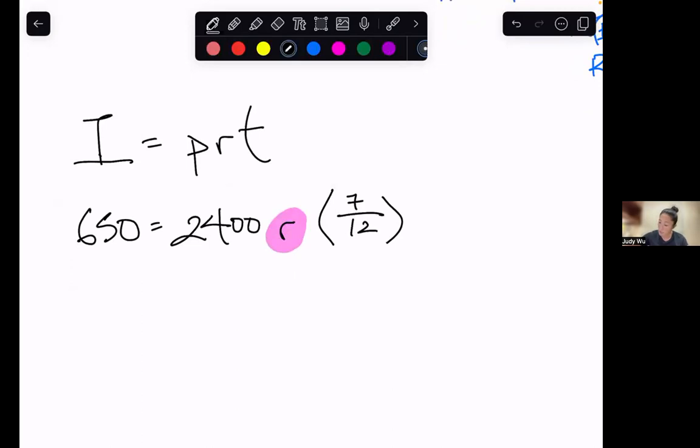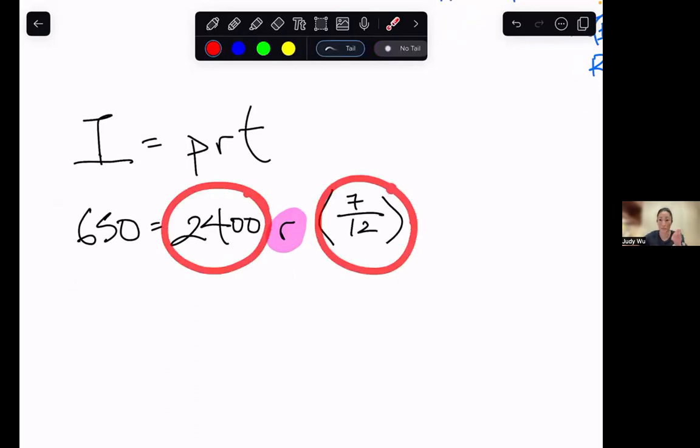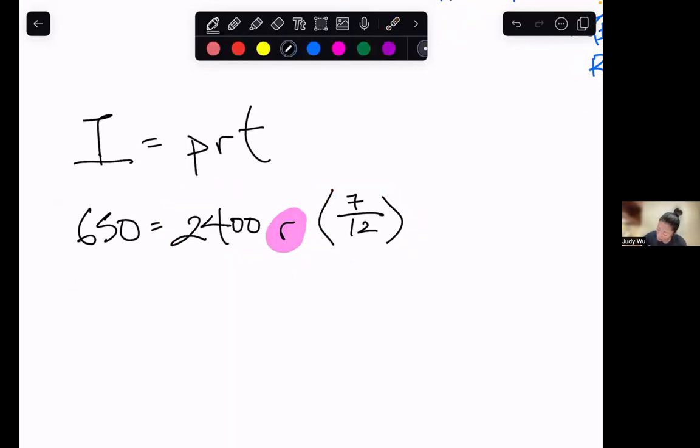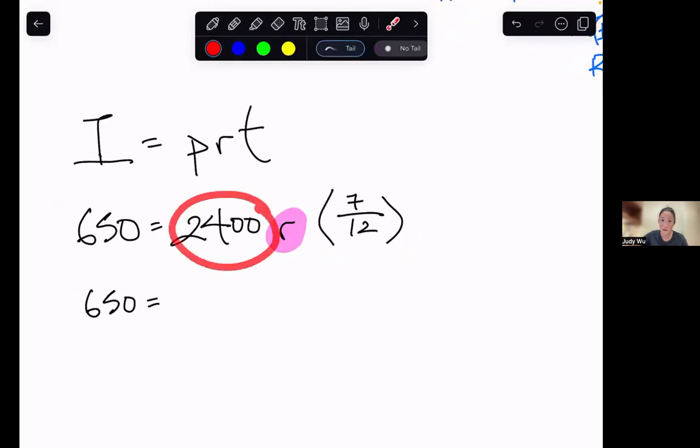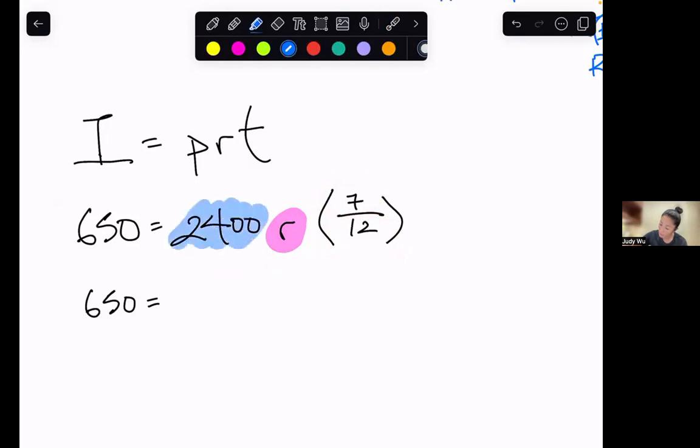The first thing I'm going to do is use my calculator to multiply these. I'm going to keep the 650 on this side, and then type 2,400 times 7 divided by 12. When I do that, these two pieces together give me 1,400.